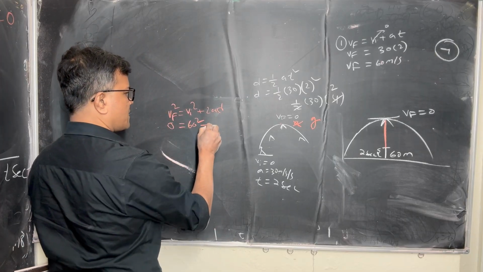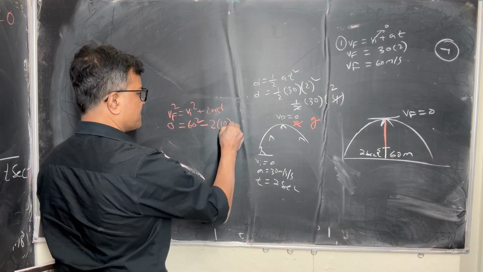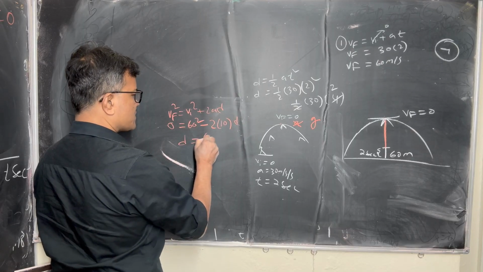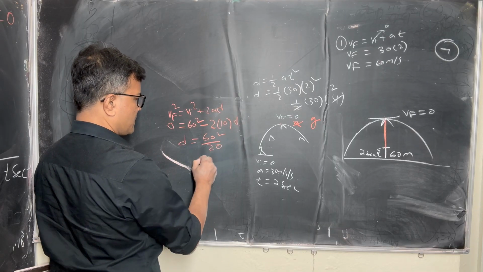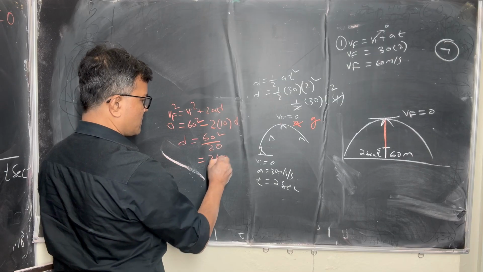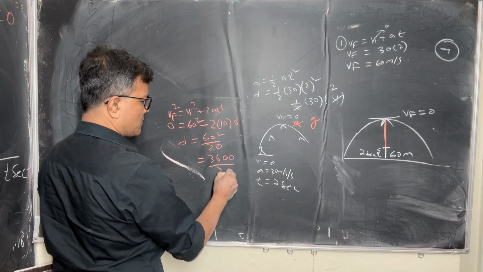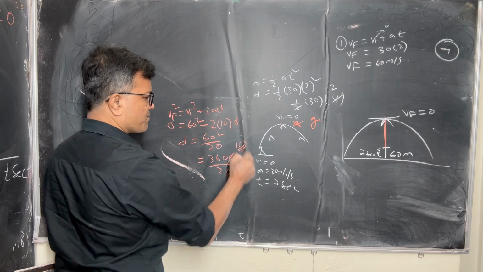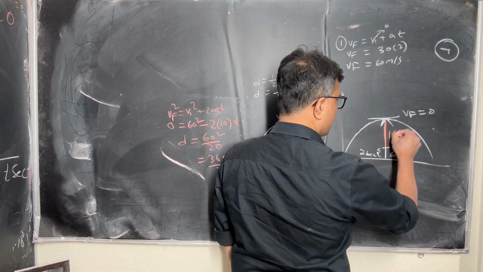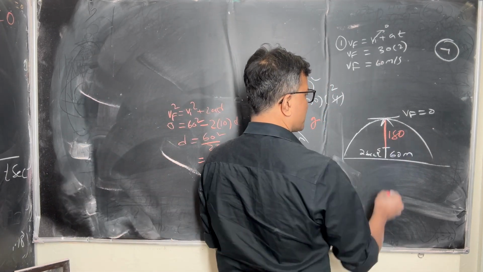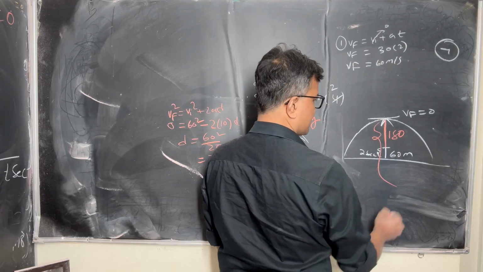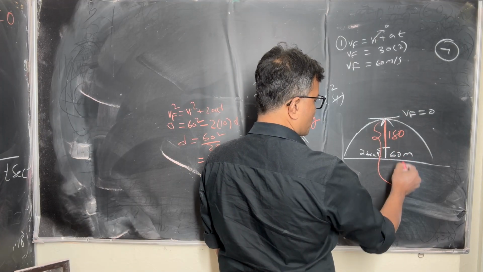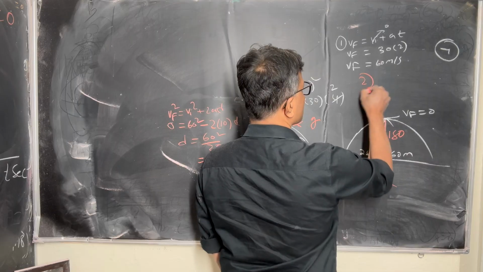So this is negative 2 times 10 times D. So D is equal to 60 squared over 20, which is 3600 over 20, so 180. So you write 180. So 60 plus 180, what is the max height? 240.